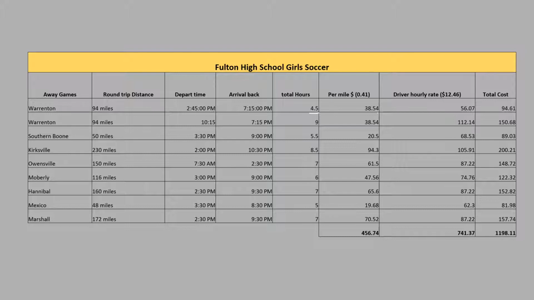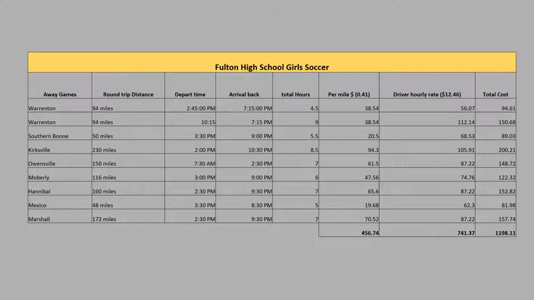I multiplied that by the $12.46, which is the hourly rate that Fulton pays their bus drivers. And so that came out to a total of $56.07. So the total cost for the first Warrenton trip for the girls soccer team was $94.61.